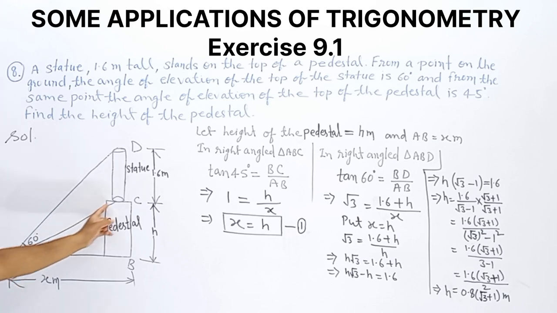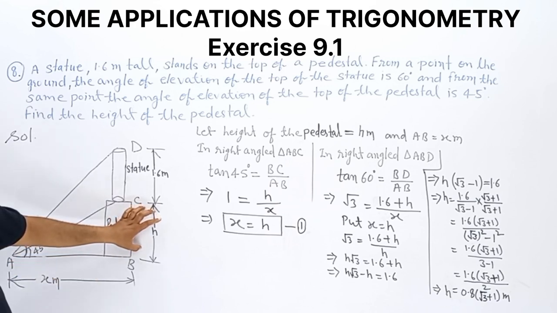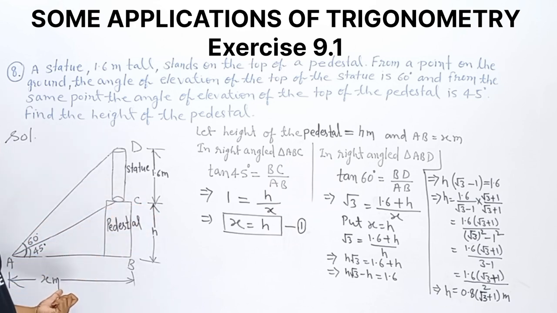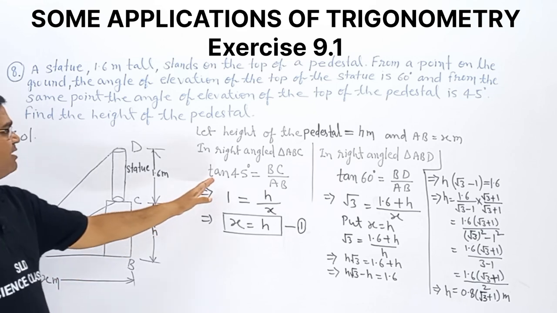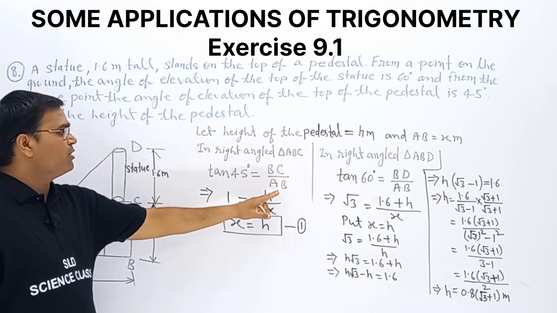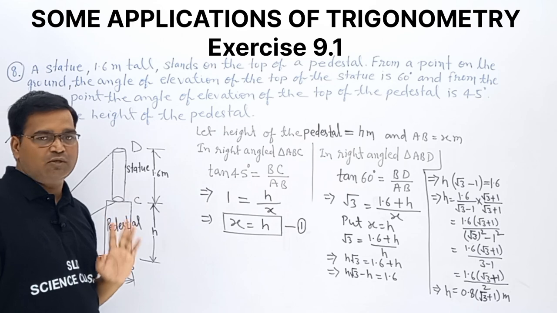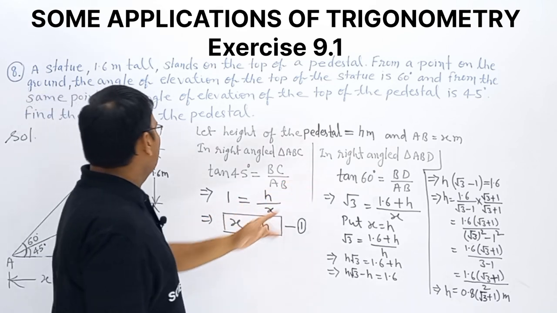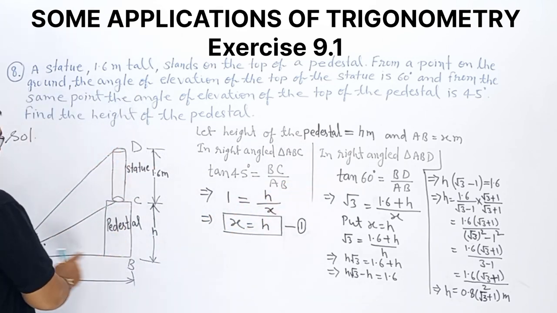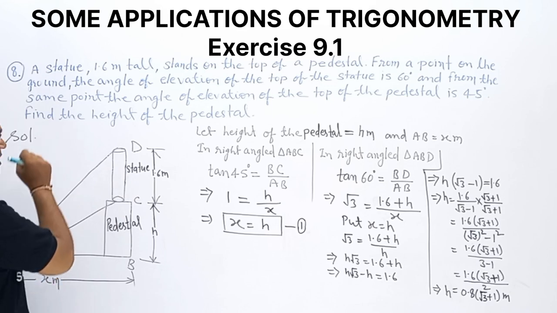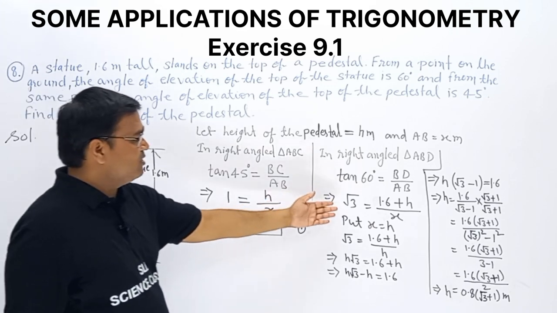So first we will consider this right triangle, and then we will use this right triangle. In this way we are getting two equations. We assumed the height of this one as h and base as x. Then first we get tangent 45 equal to perpendicular upon base. Solving, we get this equation. Now once we use this right triangle ABD, we have this relation.